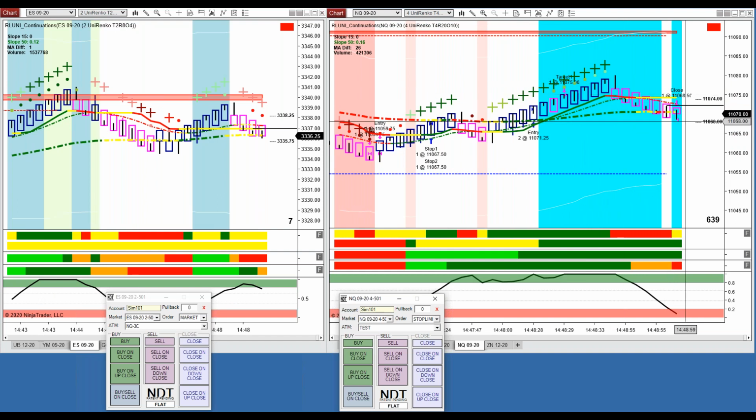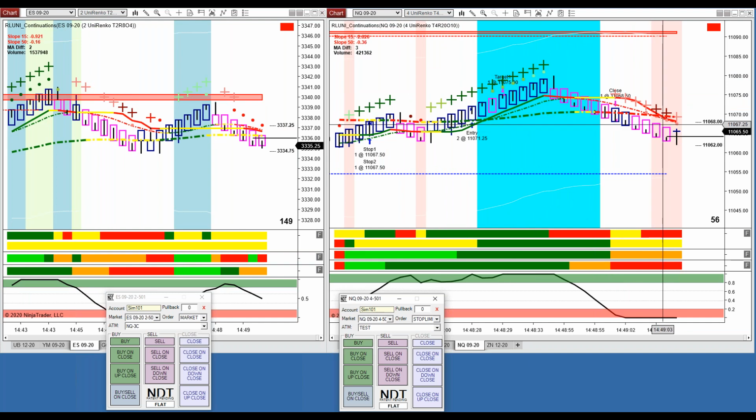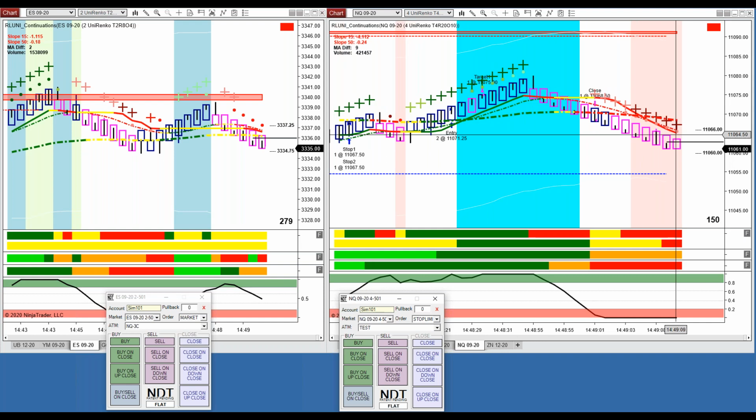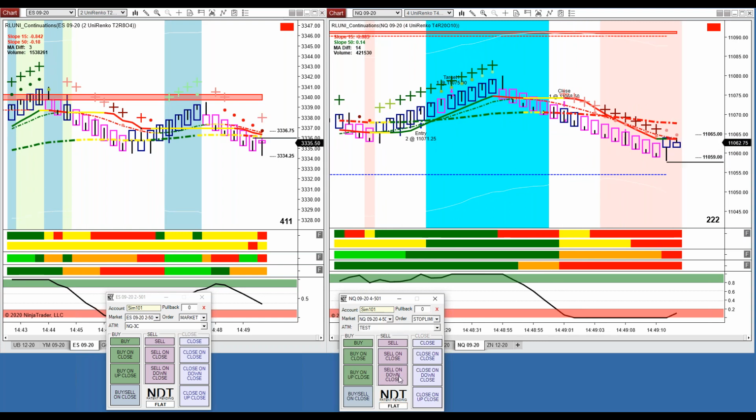Now this is configured a little bit differently. This is enter and exit on a line change. This is not configured to move to break even, which we can do for you easily. We'll sell a down close, which I don't think is a great trade because we're moving into a pivot. Order canceled.